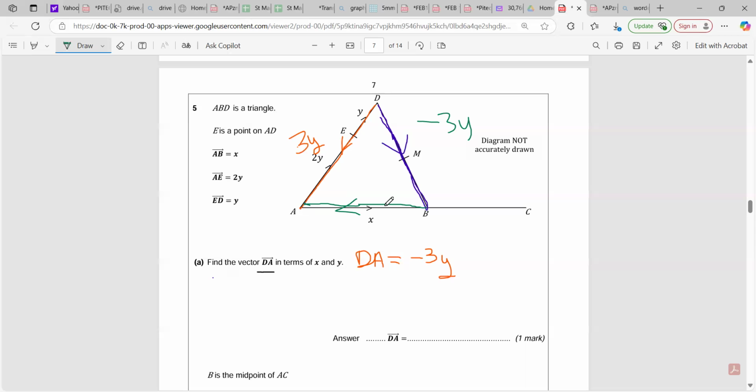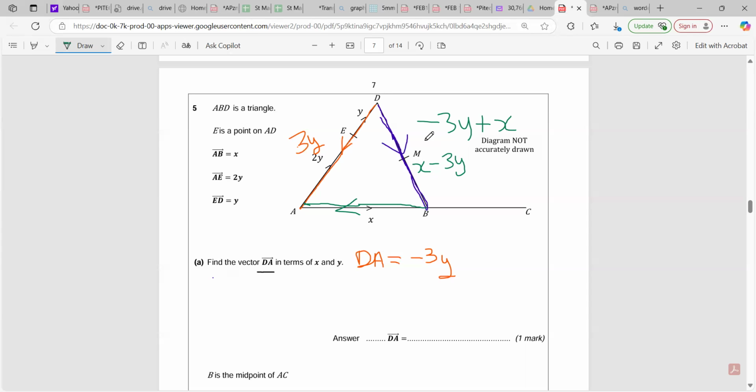And then we're going to go with the arrow, plus x. So this would be the actual measurement for DB: minus 3y plus x. Normally we don't leave it like that, so we could say x minus 3y. This is the vector.